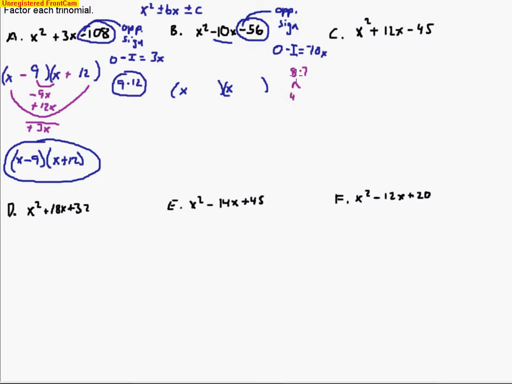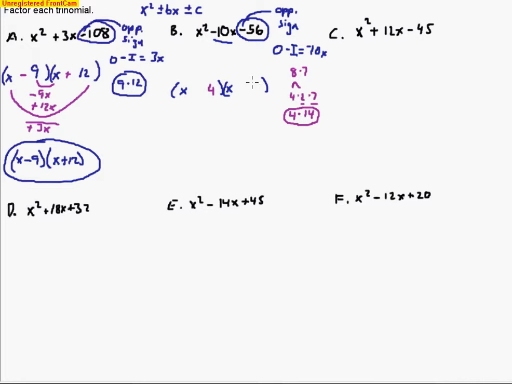Break that 8 down to 4 times 2 and bring down the 7. Now you can break the 4 down as well, but let's just try this to start with. Let's take the 2 and the 7 and group those two numbers. That makes 14 when we multiply them. So 14 times 4 also makes 56. Do those subtract to make 10? Yeah, they do. Take 4 from 14, it makes 10. So we got the right numbers.